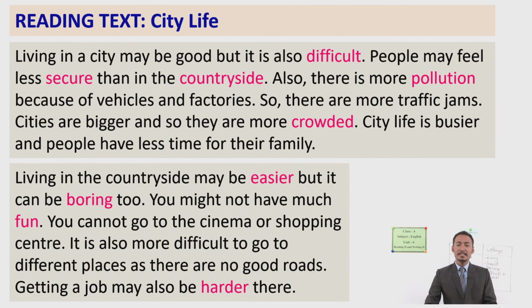Living in a city may be good, but it is also difficult. Why? Because many people may feel less secure. Do you know now what is secure? Safe. People feel less safe in cities than in the countryside. So it is difficult for people to live.